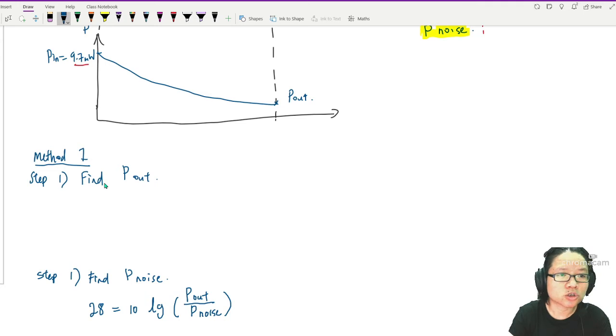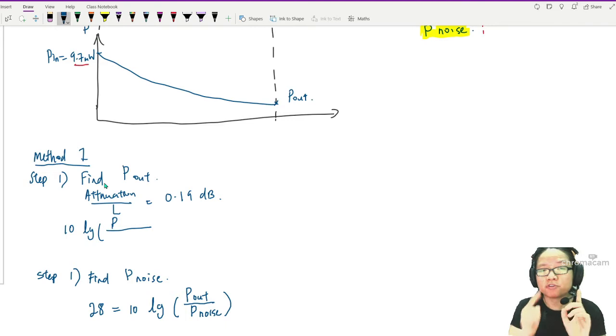So I know the attenuation per unit length. Attenuation per unit length is 0.19 decibel. In order to find the attenuation, we will take 10 log P. You have to be careful here.